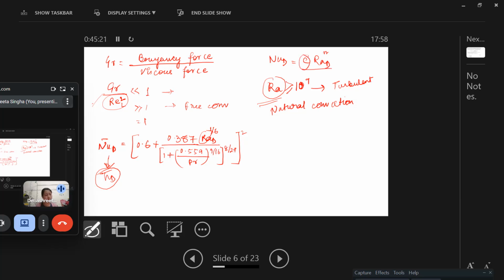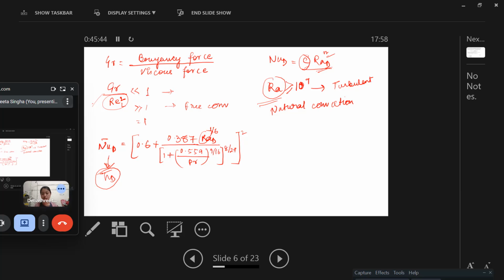Then we get different values of C and n for different values of this Rayleigh number. So first we have to calculate the Rayleigh number for that. Then from the table we can find out C and also n.